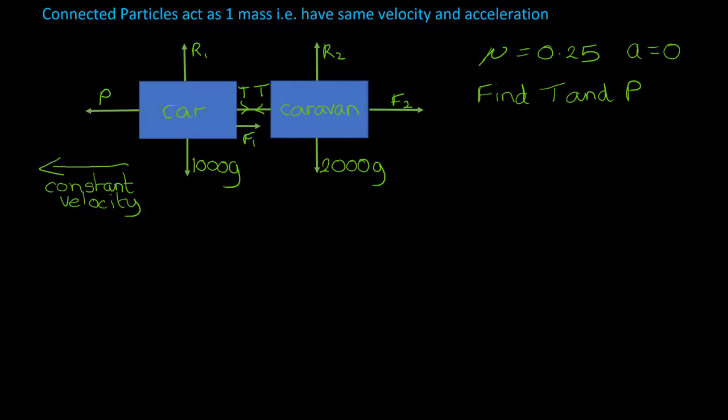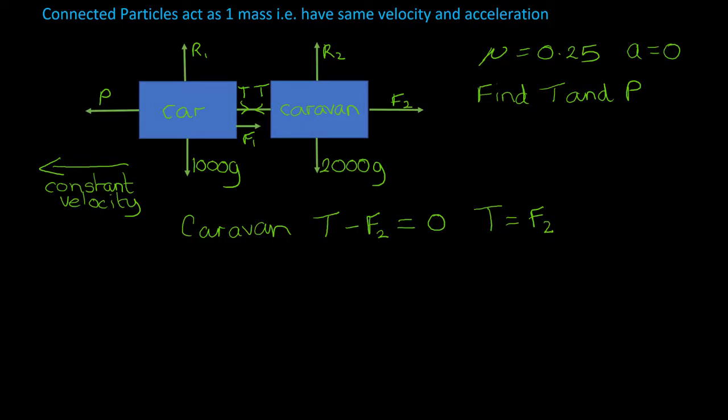So what we can see is that for the caravan, the forces acting on that horizontally are T minus the friction F2, and because we know that the acceleration is 0, that will equal 0 because F net equals ma and a equals 0 in this particular case. So that means our tension will be equal to F2, our friction force on the caravan.